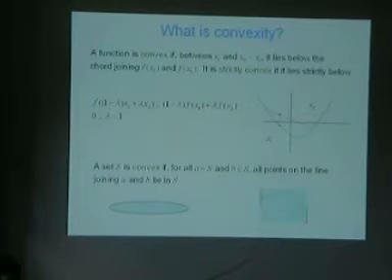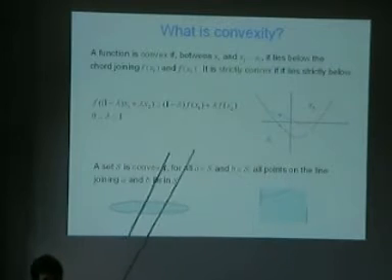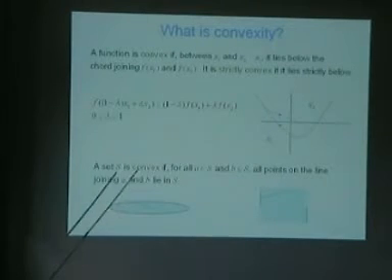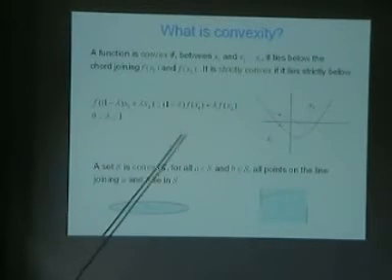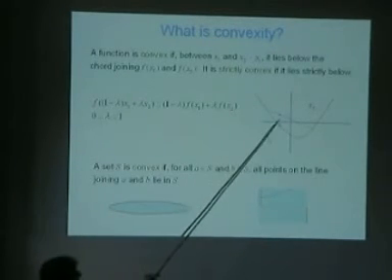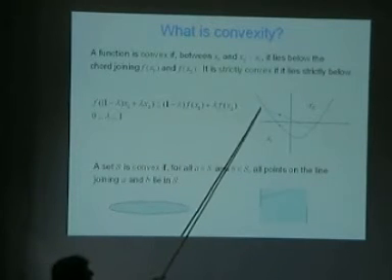And it's strictly convex if it strictly lies below, touching the chord nowhere except at the endpoints, for all such points x1 and x2 in the domain of this function. To write that mathematically, the function of the weighted average of the points always lies below the weighted average of the functions.